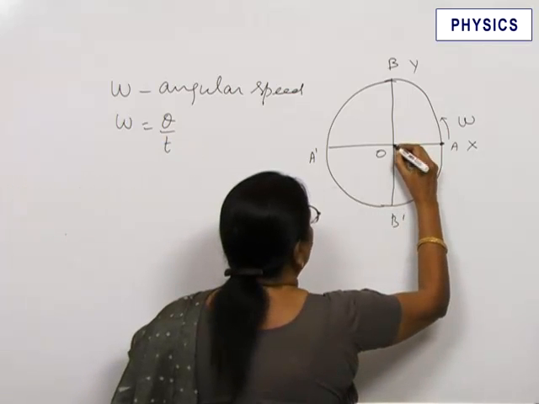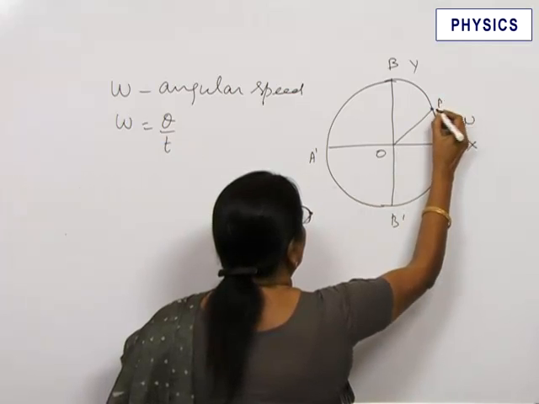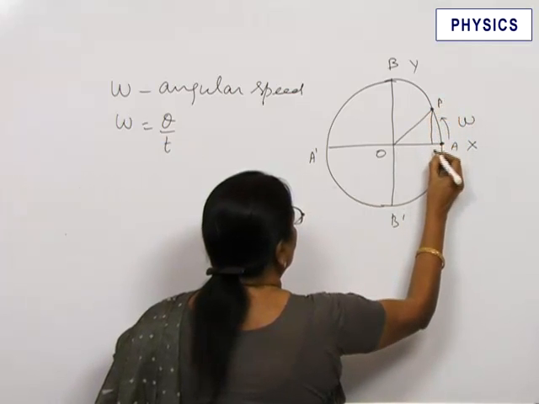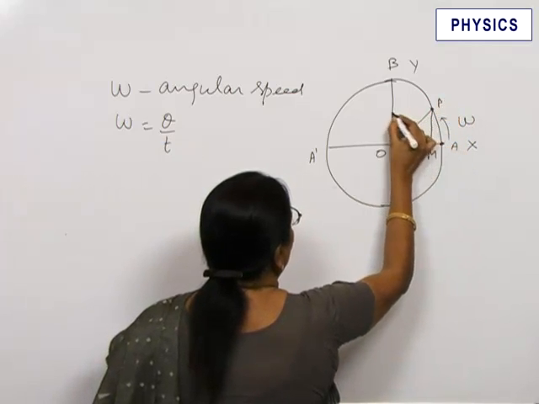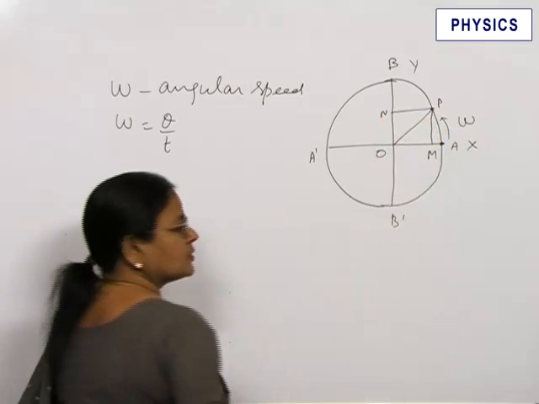Let after some time it go to the position P. From P you draw two perpendiculars, M to the x-axis, N to the y-axis.